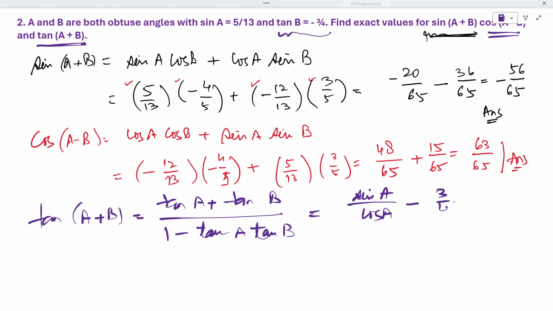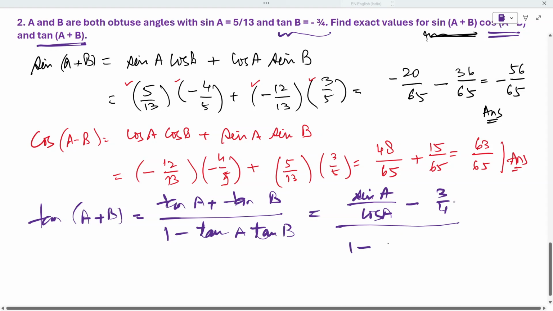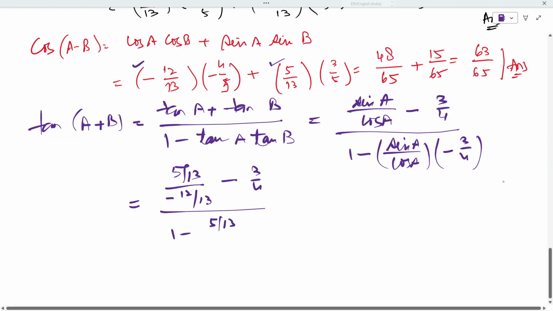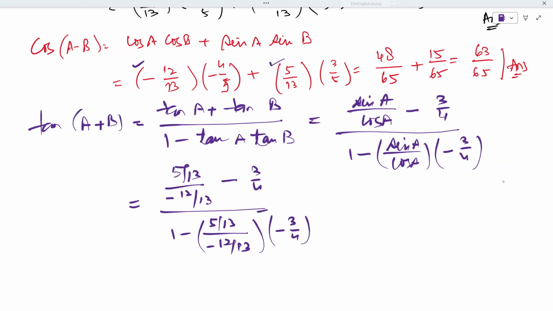So minus 3 by 4 upon 1 minus sin A upon cos A into minus 3 by 4. Now sin A is of course 5 upon 13 and cos A is equal to minus 12 upon 13.